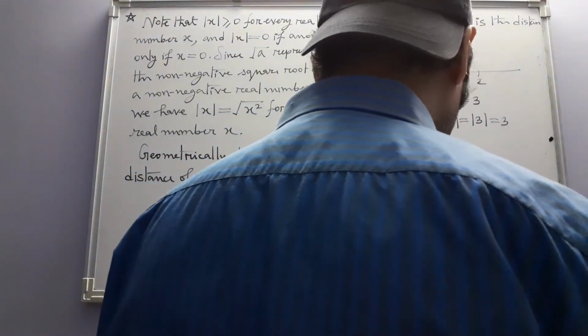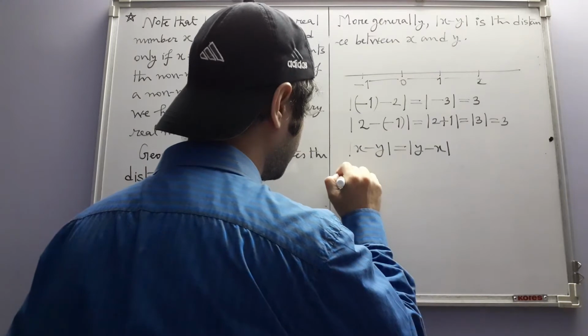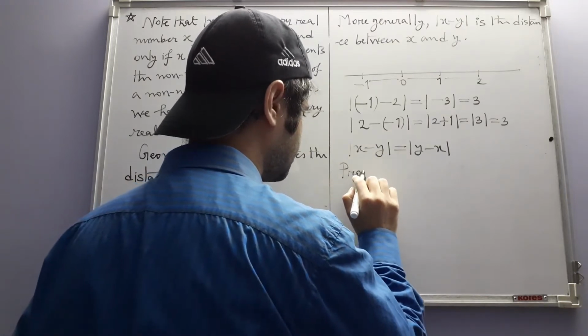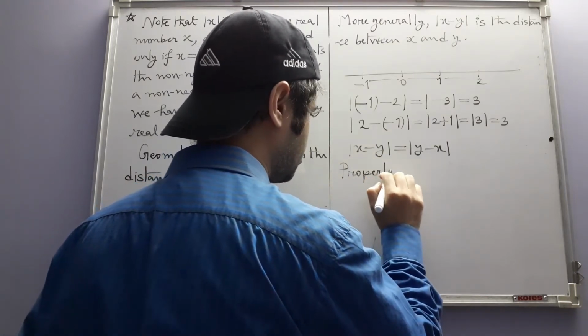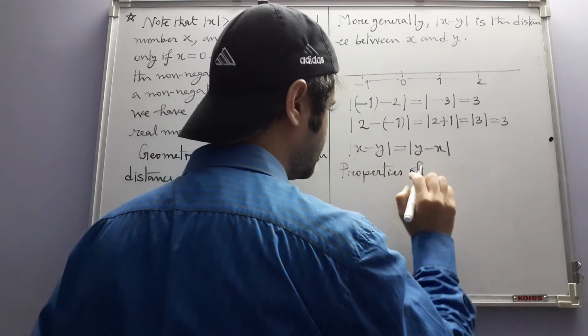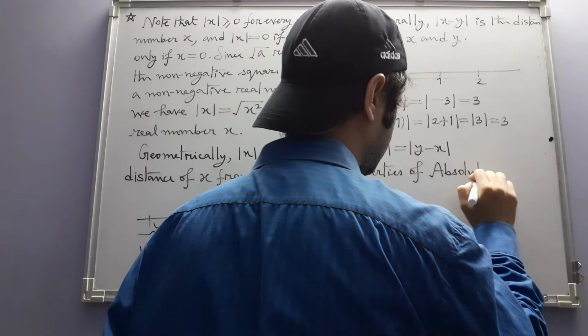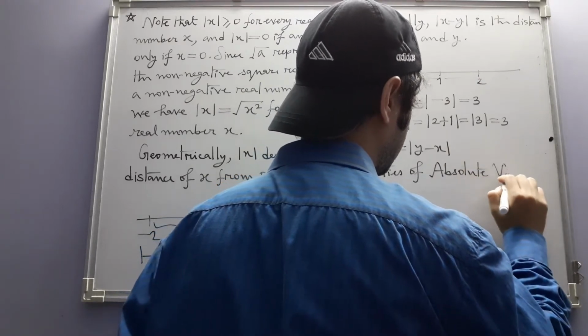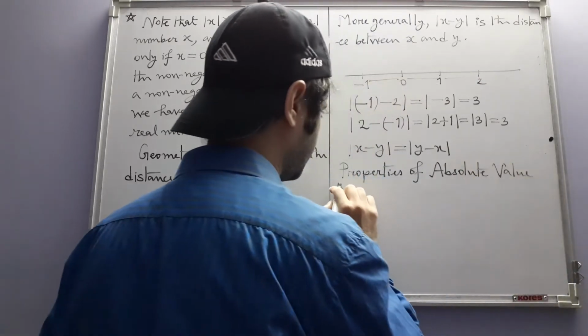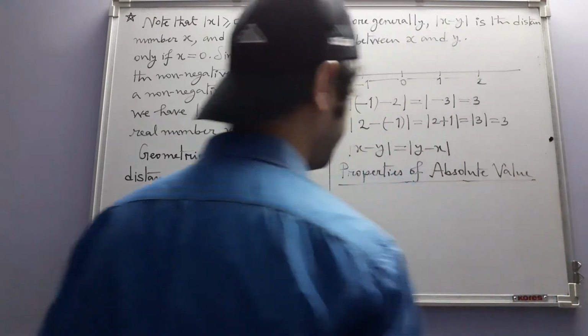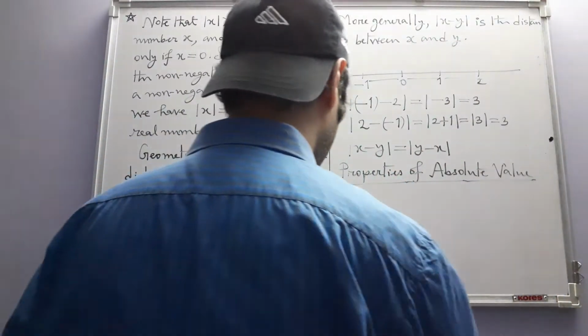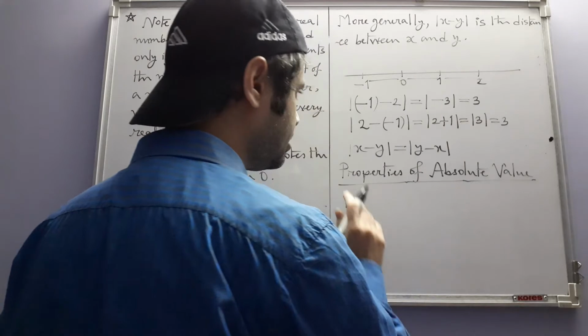And these are the basic properties, properties of absolute value. And the first property is that only.